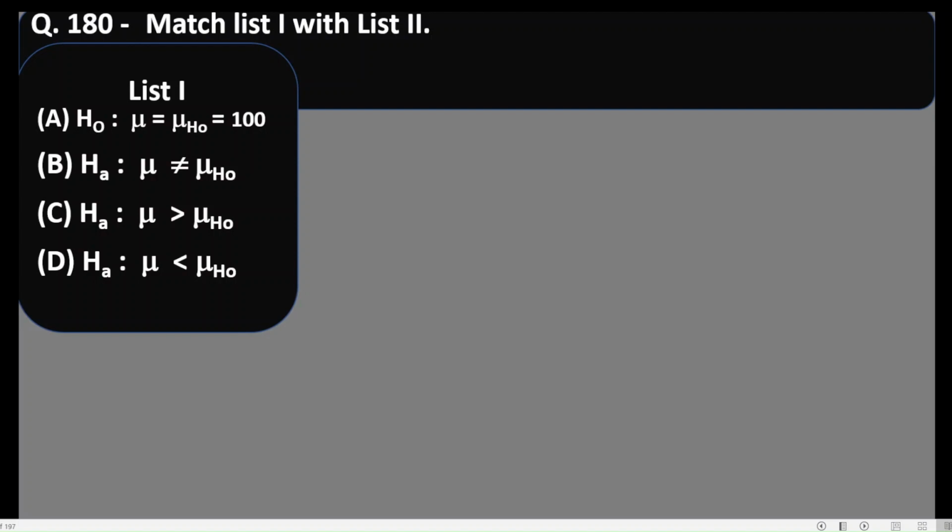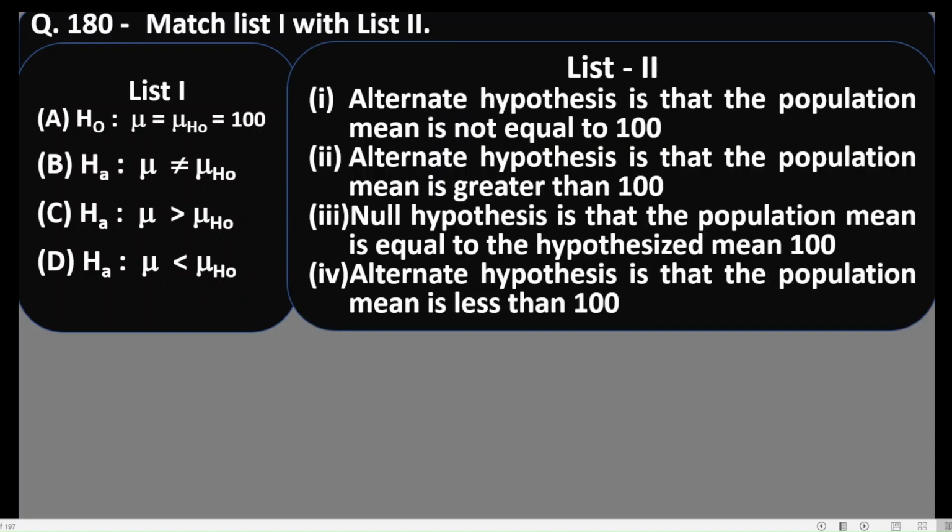In C, in terms of alternate hypothesis, it is assumed that mu, population mean, is greater than hypothesized mean. And in D, in terms of alternate hypothesis, it is assumed that mu, population mean, is smaller than hypothesized mean. These 4 situations are given in list 1, and in list 2 the interpretation of the same are given.